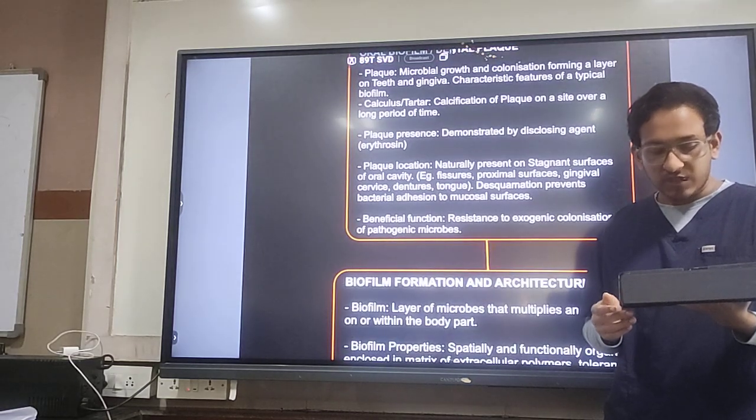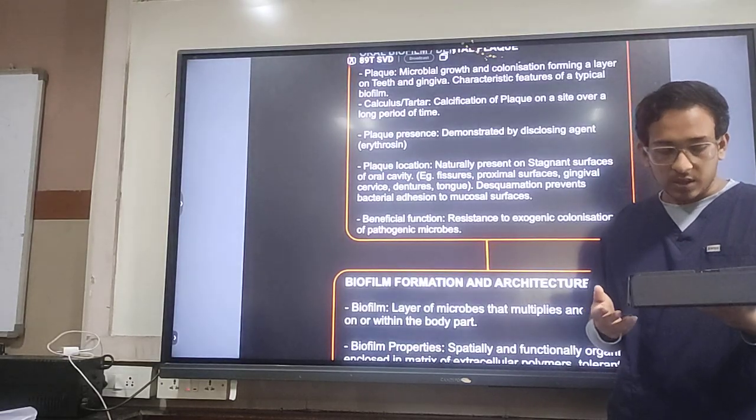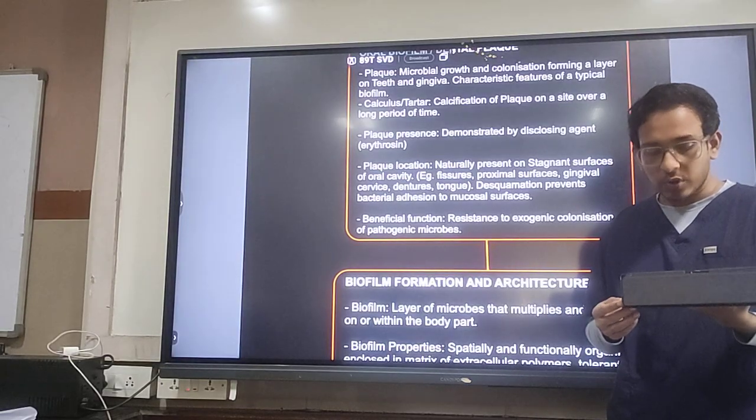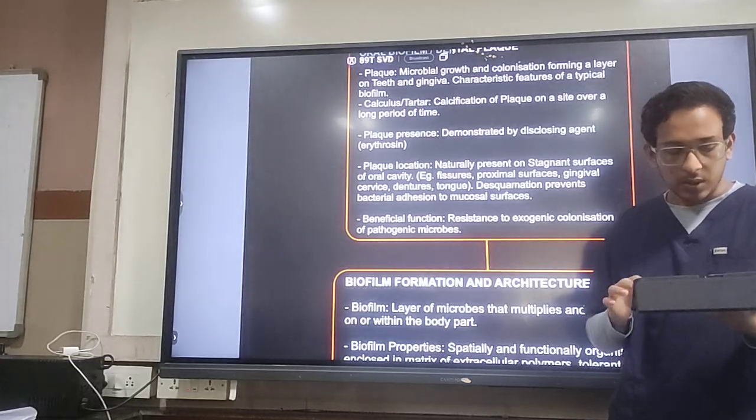The beneficial function: it provides resistance to exogenic colonization of pathogenic microbes.